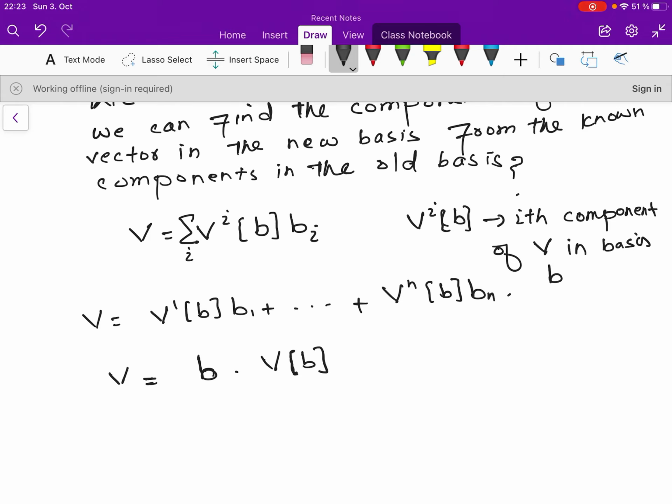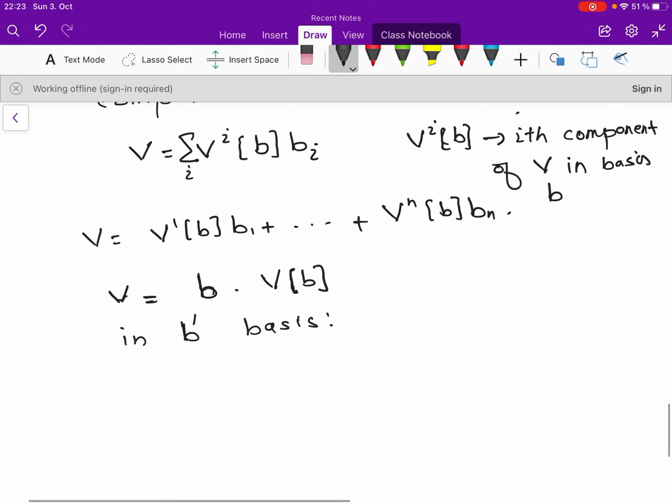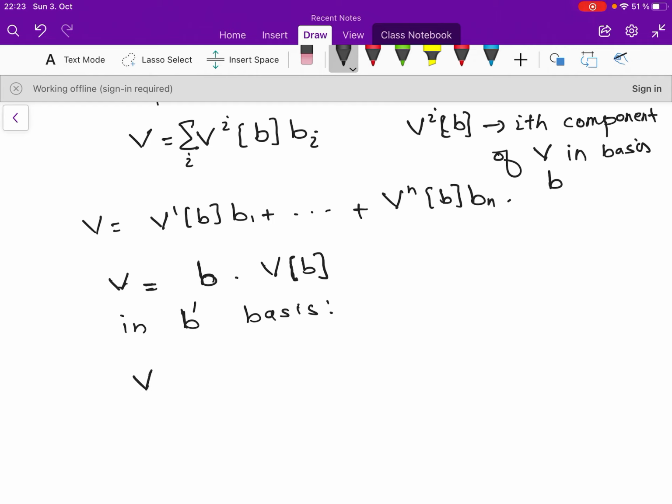So now again this vector V can also be represented in the new basis, which is B prime. In the B prime basis, V will become, the same equation will be there.